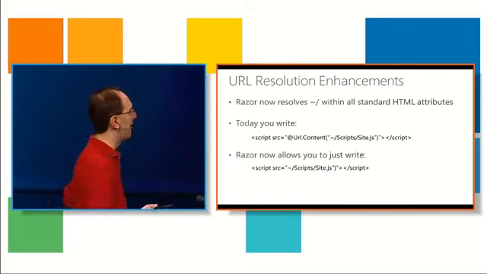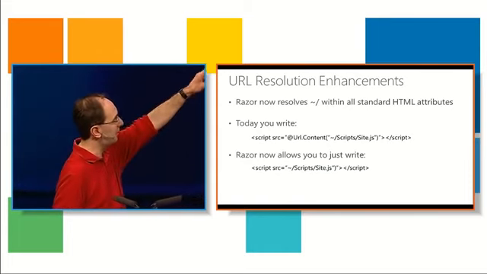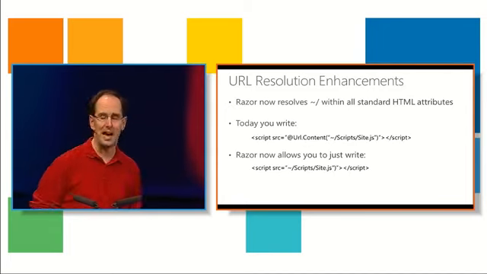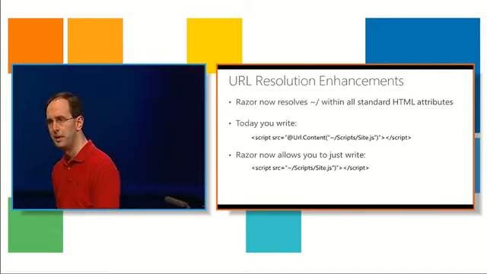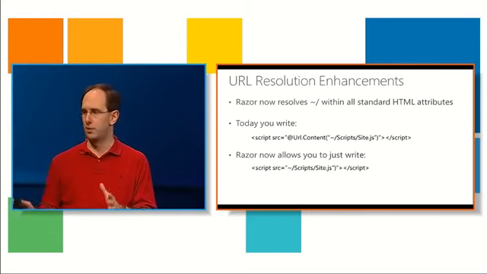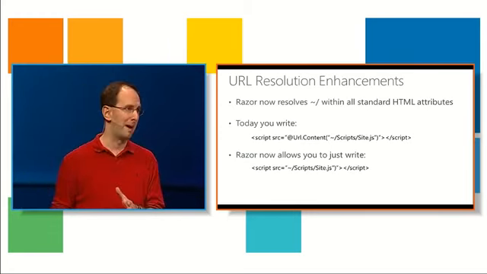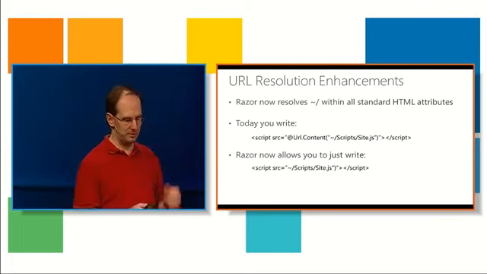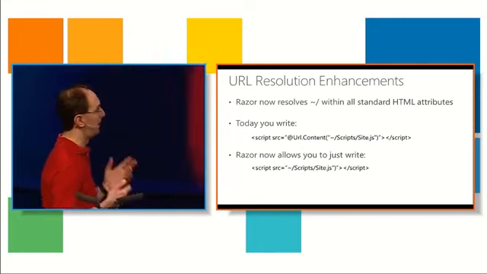Yeah. What you can do now inside Razor is you no longer have to call any function in order to do it. You can just use the tilde syntax within any HTML element, and Razor will automatically expand that at runtime to be the fully qualified URL for you automatically. So again, just makes it a little bit simpler, a little bit easier to work with URLs and take advantage of within your app.